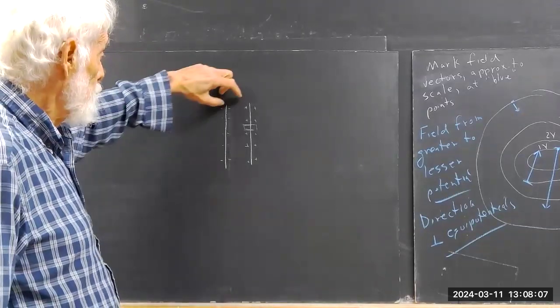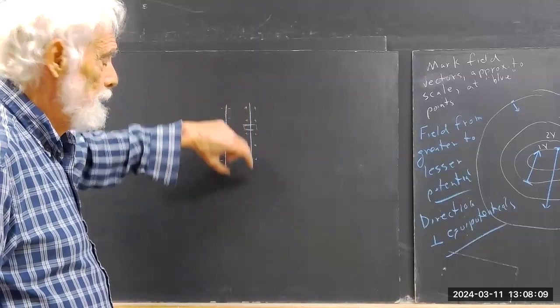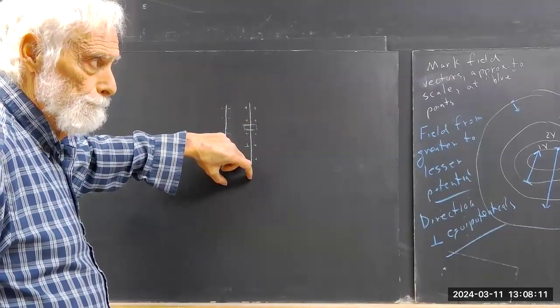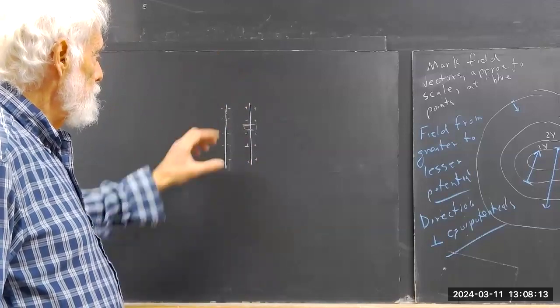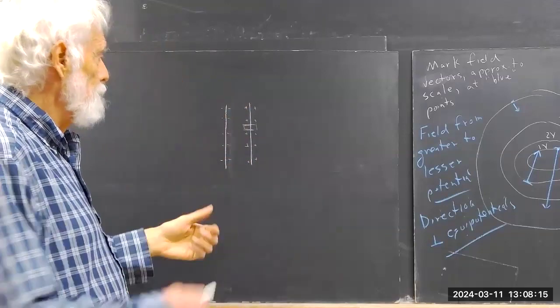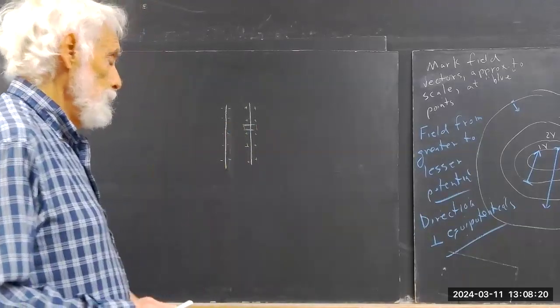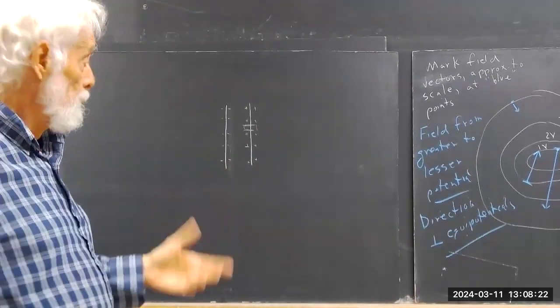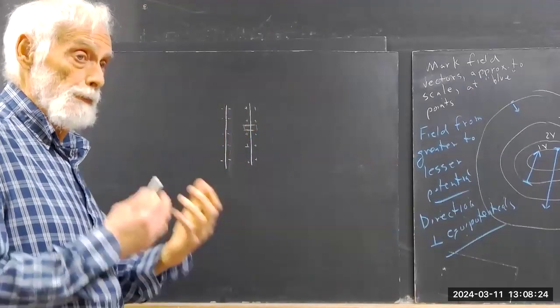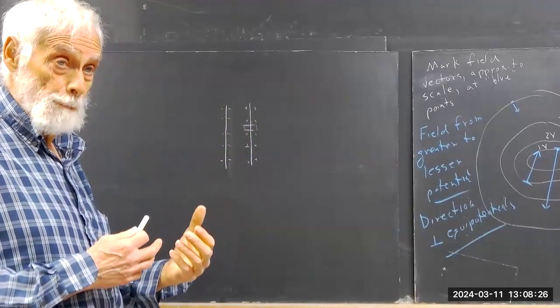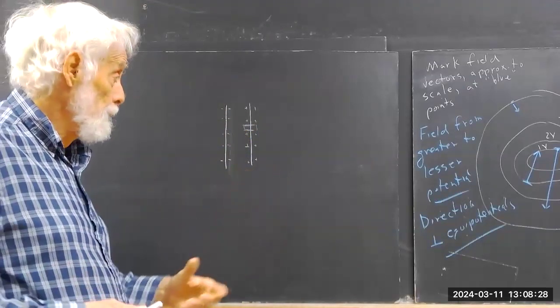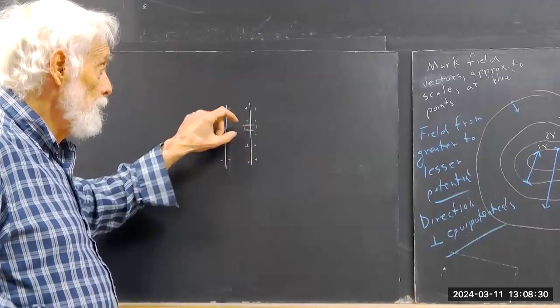To the extent that you're not close to the edges of the plates, the field is very nearly perpendicular to the plates so that it enters and leaves the ends of your Gaussian surface, perpendicular to the ends and with no flux through the edges.